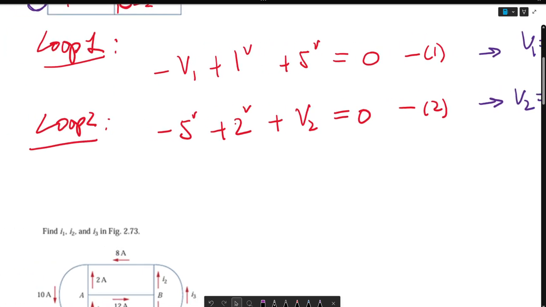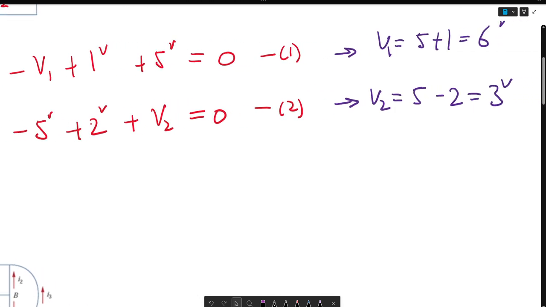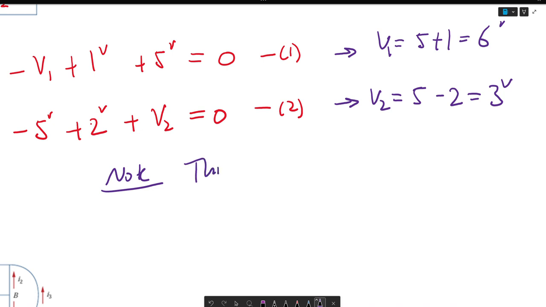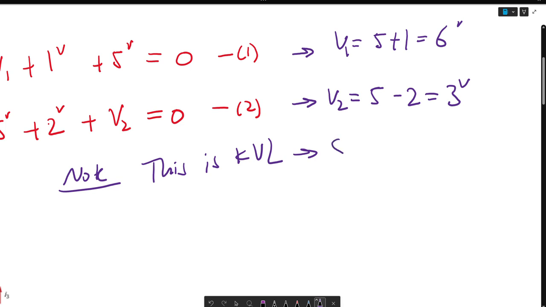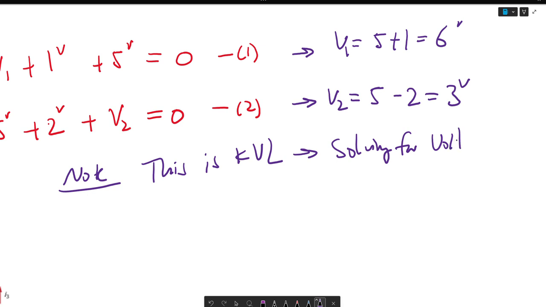And we'll put a note and say that this is KVL, or Kirchhoff's voltage law. And what we're doing here is solving for voltages.